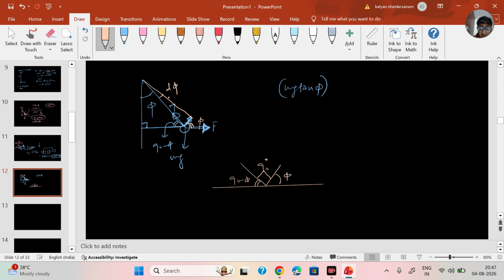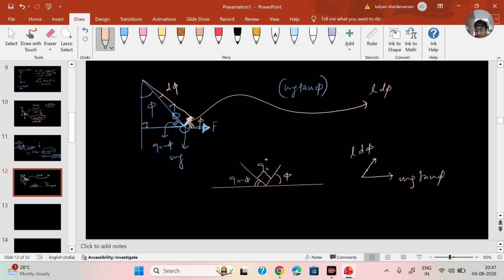So if that angle is d phi, what is this line? You can say it's a small arc also. Arc length will be radius, which is length of the string, into angle d phi. That will be this. So force is mg tan phi, displacement is L d phi, angle between them is phi.